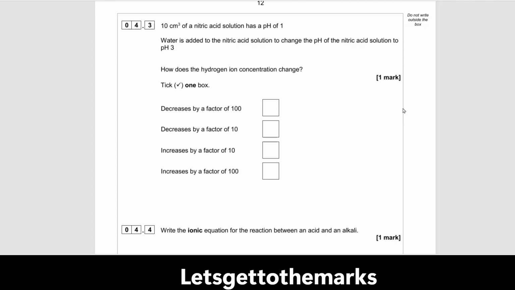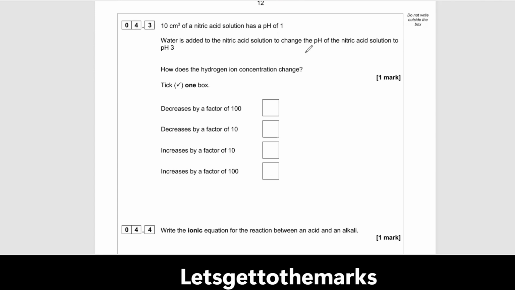Okay, folks, I'm going to go through the answers. So pH, some people think it stands for power of hydrogen. I've never really found out what it means. But you could think of it as power of hydrogen. So pH 1 is a stronger concentration. pH 1 is actually 0.1 mole per decimeter cubed of hydrogen ions. pH 2 is 0.01 mole per decimeter cubed, and pH 3 is 0.001 mole per decimeter cubed of hydrogen ions.